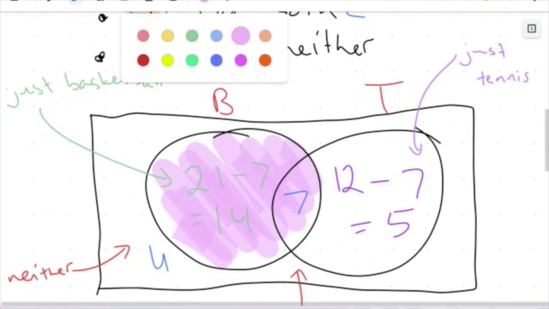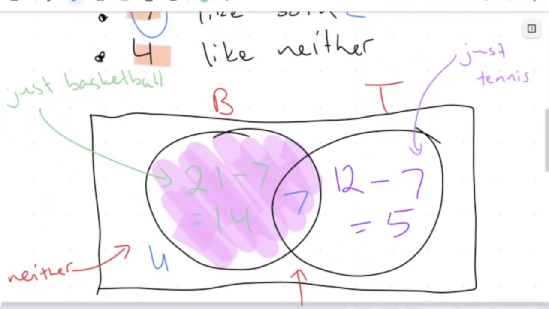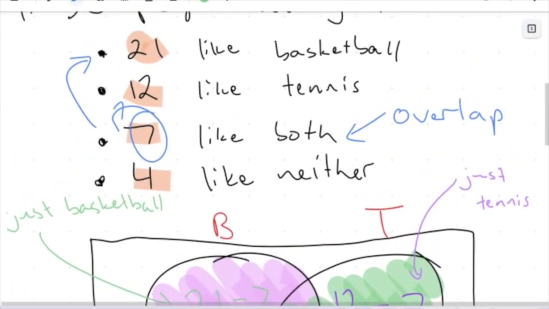Similarly, in this circle on the right hand side, 5 people just like tennis and 7 people like tennis but also like basketball. So those two together, 5 and 7, this entire space makes up my 12.